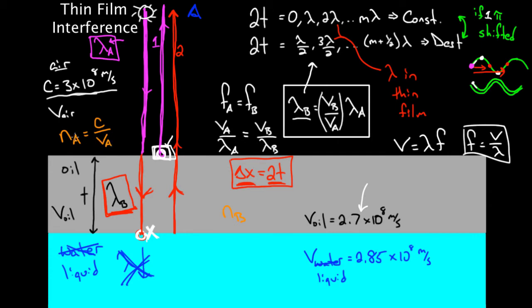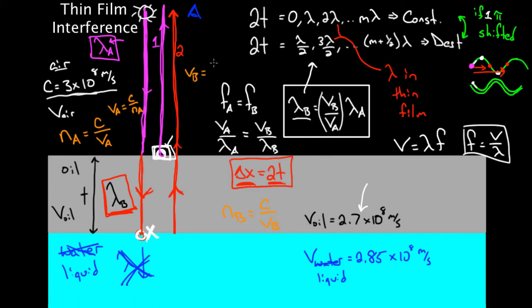So NA, index of refraction of region A, is just 3 times 10 to the 8th divided by the speed in A. And NB would be 3 times 10 to the 8th over the speed in B. So how would this change? Well, I could just solve this for VA if I wanted to. I'd get VA equals C over NA. And VB, what would VB equal?